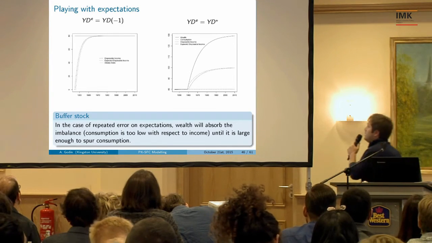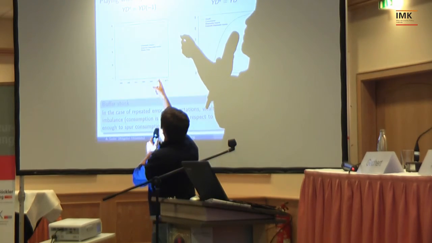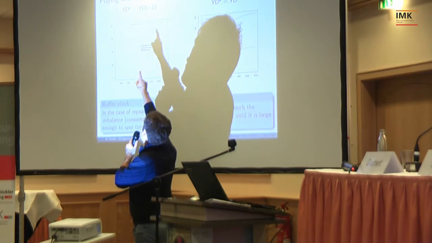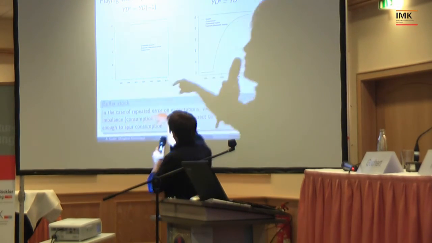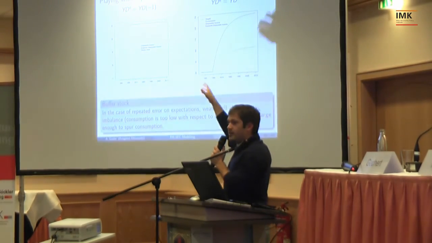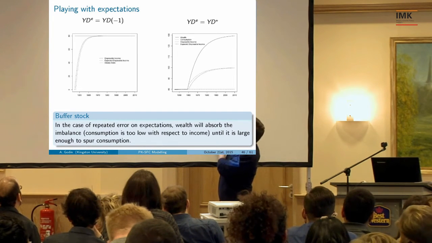So, for example, if you have expected disposable income equal to the previous period, the system somewhat goes back to the steady state we have seen before in the SIM model. Now, if you assume that the expected income is at a certain level, and they always make a mistake, what you see is that wealth is going to absorb that.